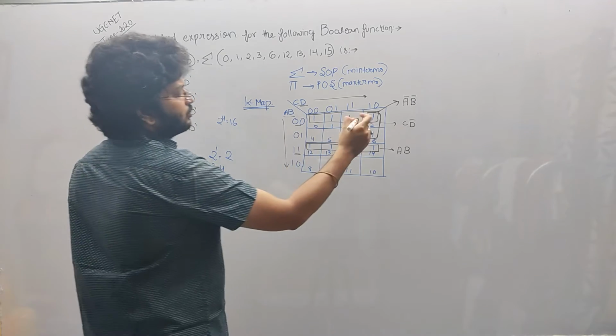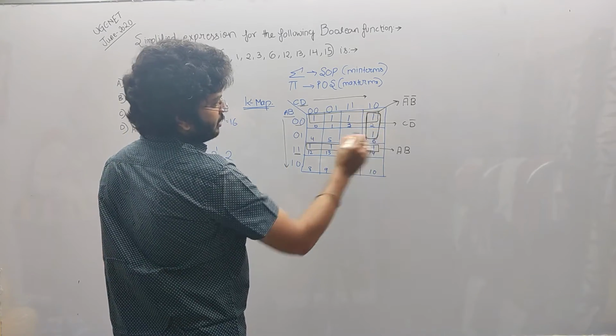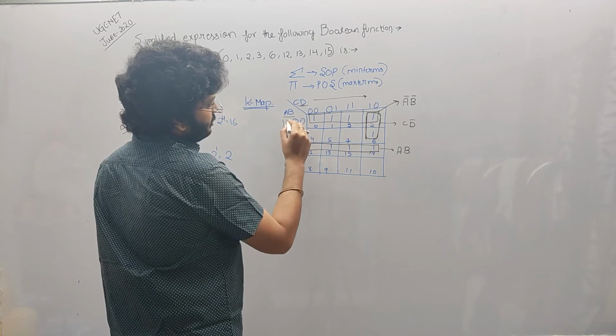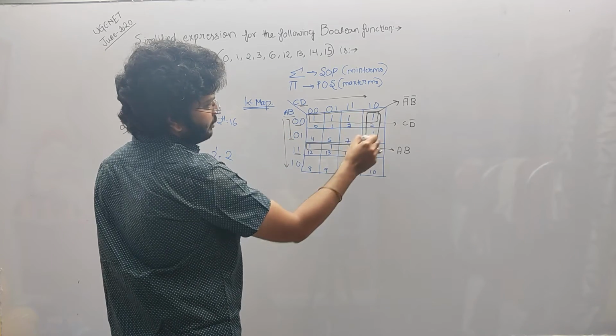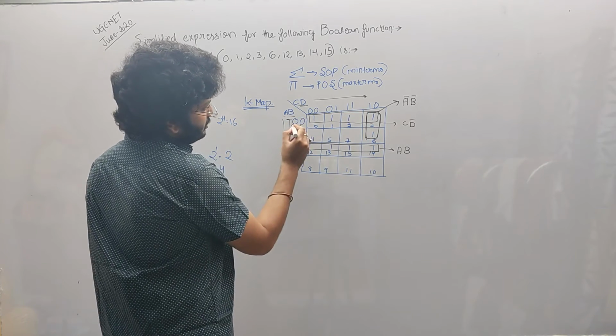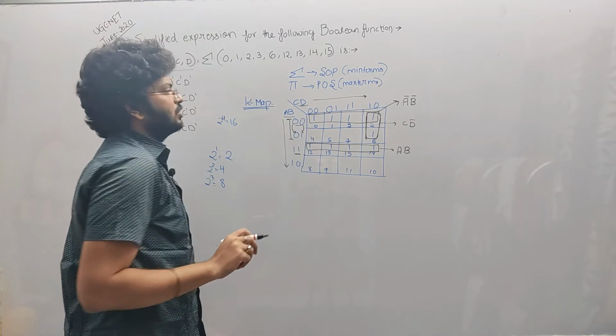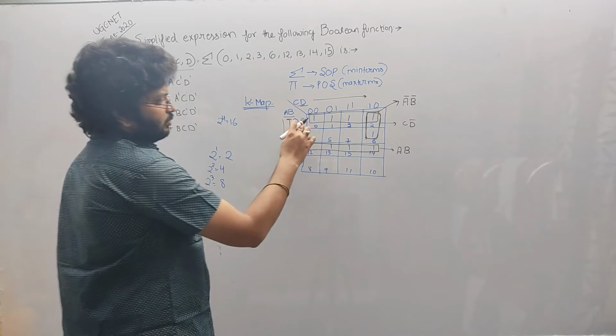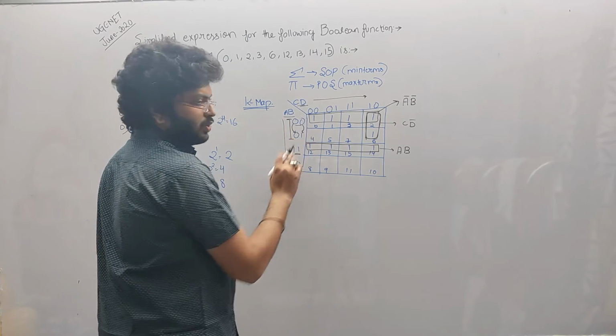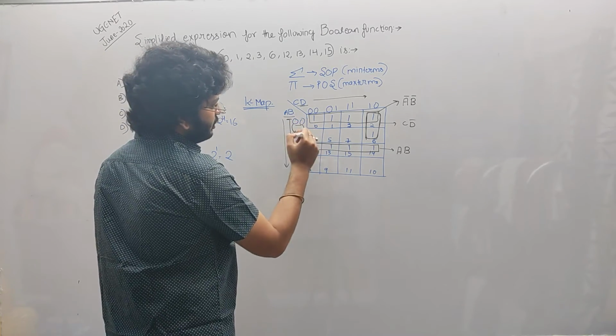Now for this part, these two bits, I have the box here. See, this 0 remains as it is, and this 0 is changing to 1. Whichever changes, we leave it, and this 0 remains as it is.